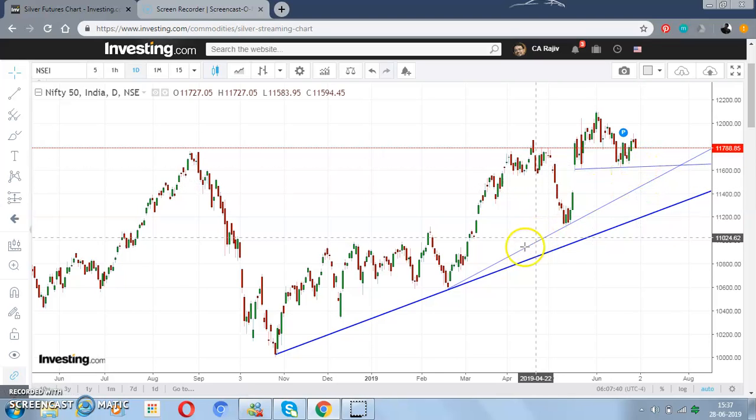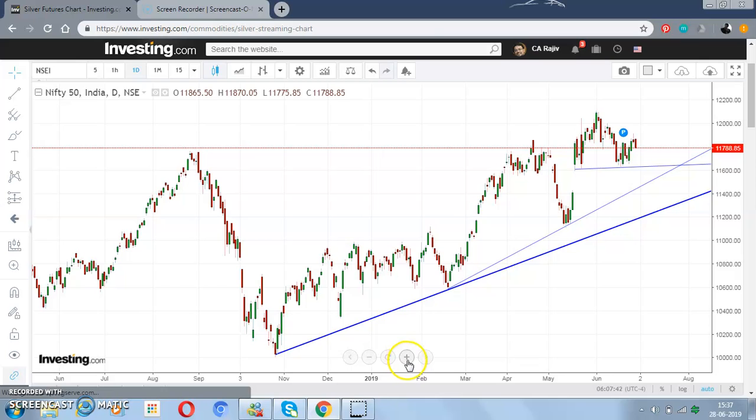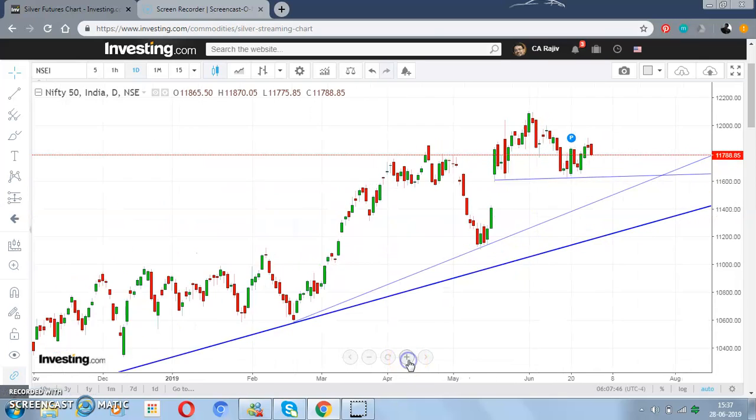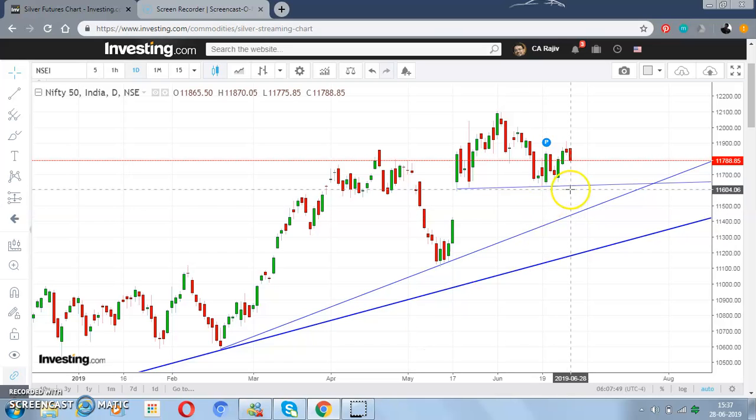So as of today, I'll just expand this chart to see more data of the recent time. As we see this, the initial support for the Nifty is at 11,630. So safely we can say 11,600 is our crucial support.